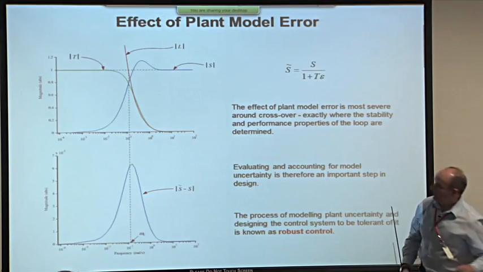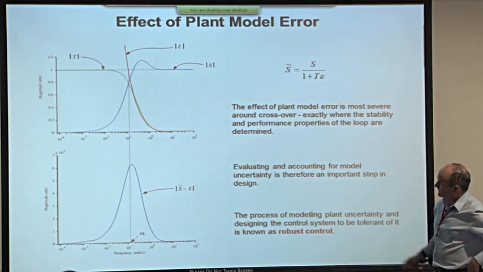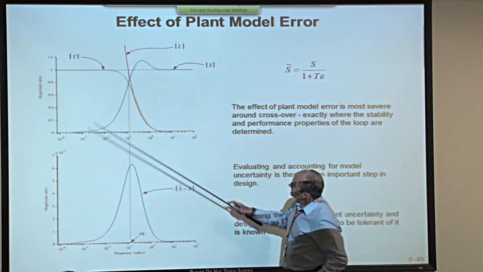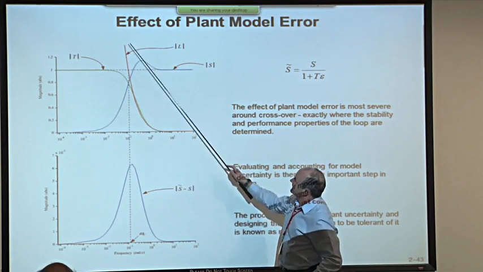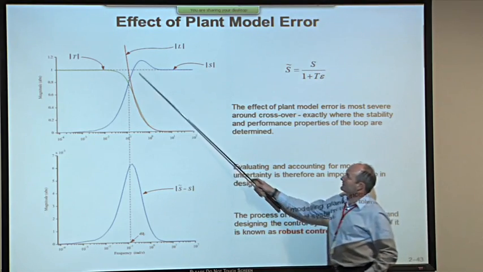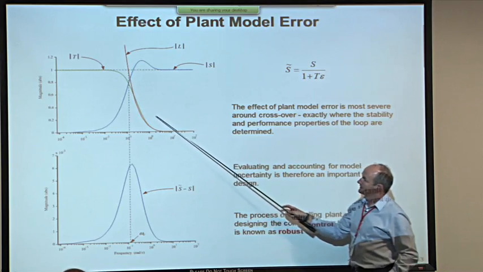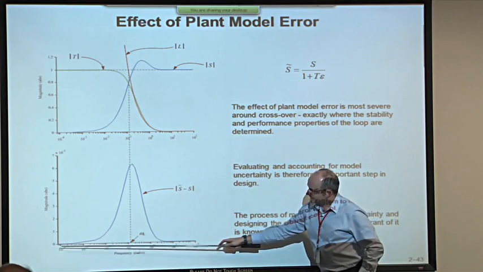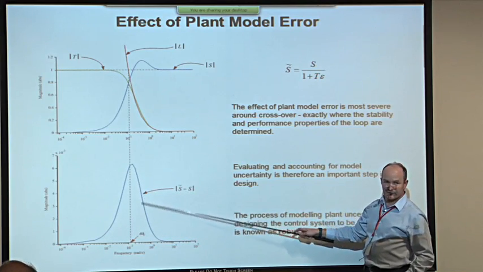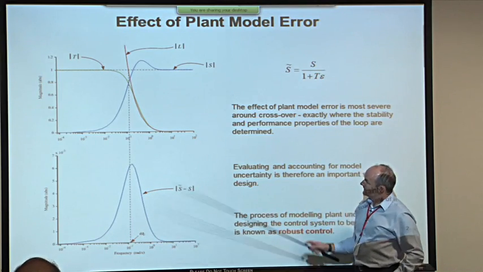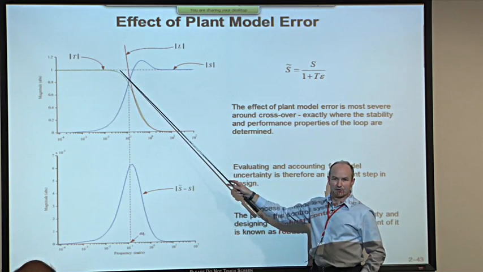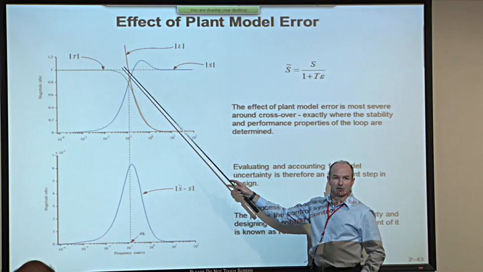What I've done in the next slide is to try to show you this. This is the relative change in S, right, for a plant model error. Here are the S and T curves, and here for reference is the absolute value of the open loop magnitude plotted on the same set of axes. And what happens is that this change in S reaches a peak. But unfortunately, that peak takes place exactly in the range of frequencies where the open loop transfer function magnitude crosses 1.